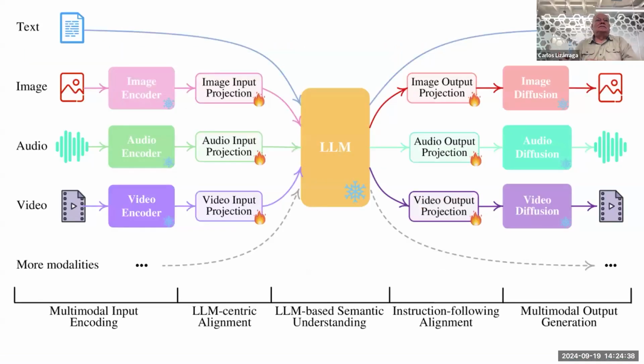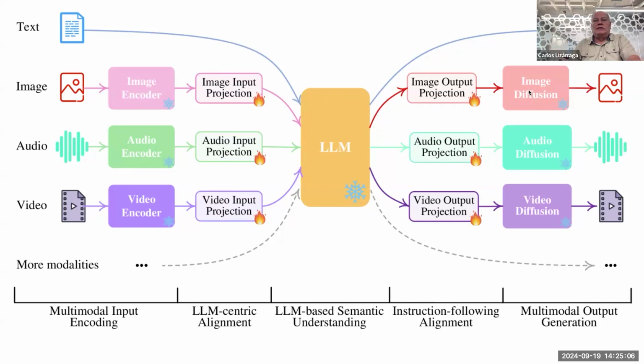And this is an overview of how these large language models work. So we need different encoders for images, for audio, for video, and then the output from these encoders goes to the large language model that will try to create the instructions for the second part.